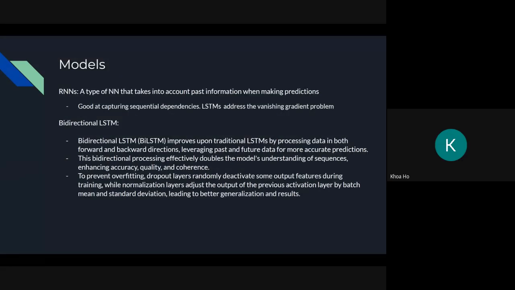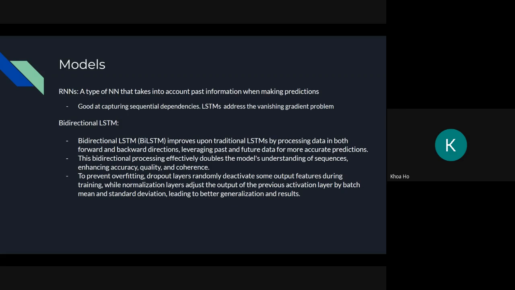Okay, so the type of model that we use for our project is a recurrent neural network. It is basically a special type of neural network that takes into account past information when making predictions. One of its strengths is that it is good at capturing sequential dependencies. Specifically, LSTMs, which is the one that we use, address the vanishing gradient problem.